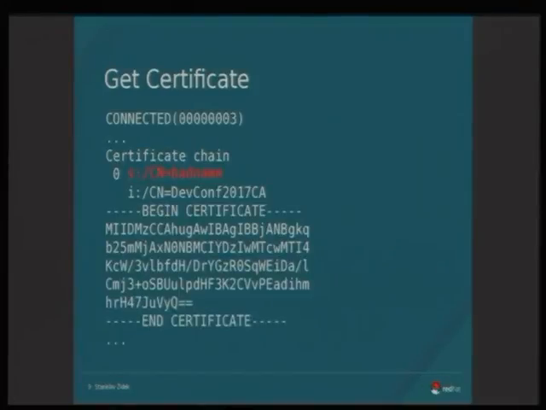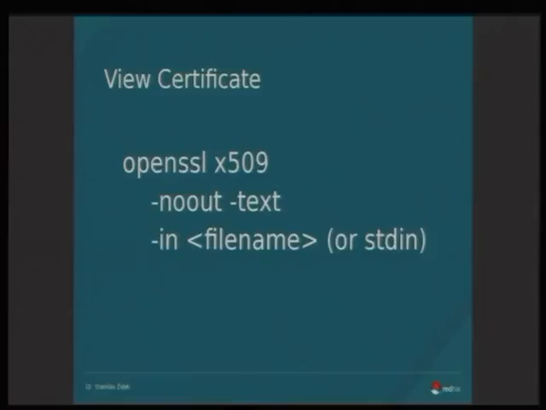But we can get a bit deeper. If we take this blob, this begin certificate block, we can, for example, save it into a file, and we can get some more information about this certificate, which might get useful. Not here, here it's obvious, but anyway, let's have a look what's there. We will use another subcommand of OpenSSL. We tell it we want to see what's in the certificate.